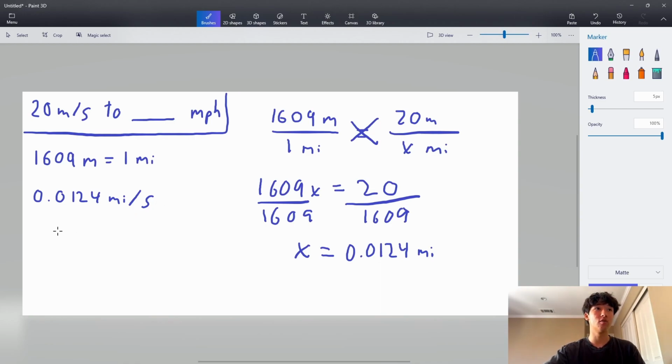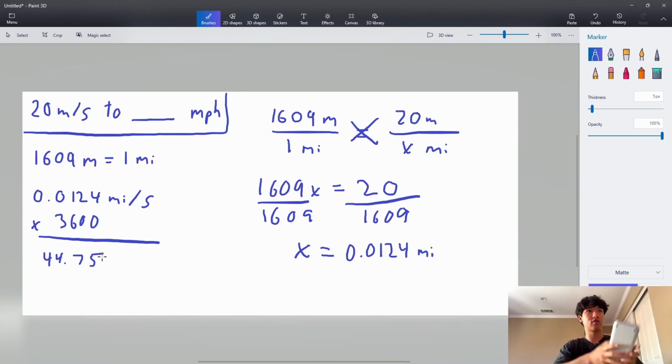So what we're going to do is literally just multiply this by 3,600. And we get straight to our answer, which is going to be 44.75. I believe that's correct. Let me check my calculator. 44.64. So it's close enough.